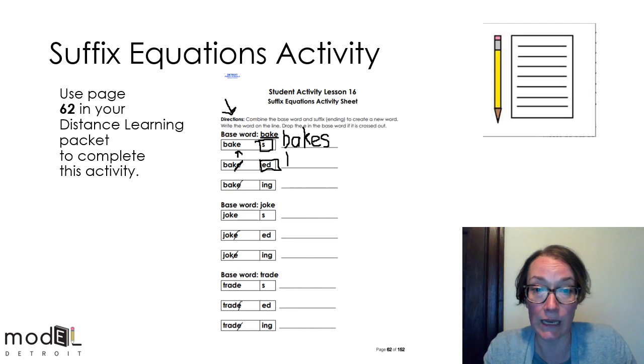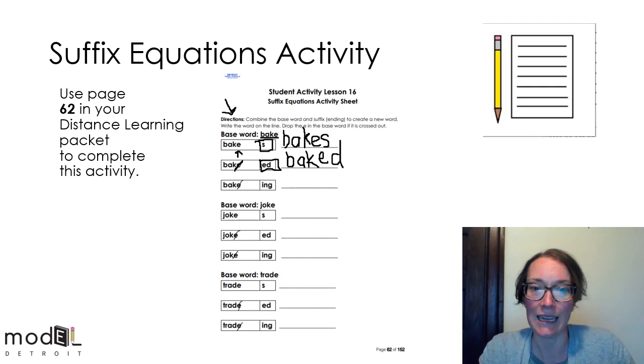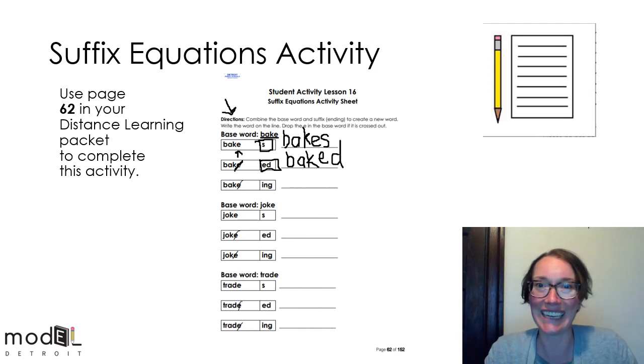So I'll write B-A-K, but then I'm going to drop the E. It's going to become invisible, and then I'll add my ending, ED. It says baked. Your job today is to do this with the rest of the words and then read the list of words to somebody in your house. Good luck!